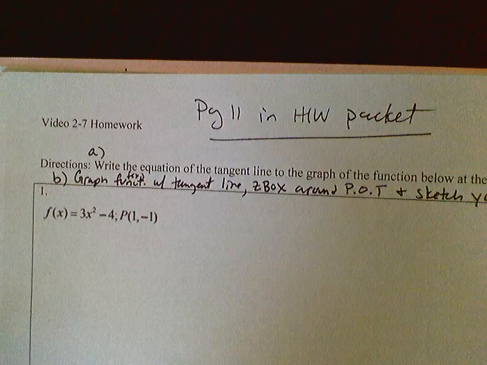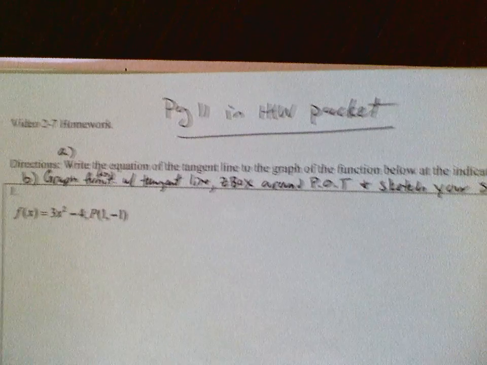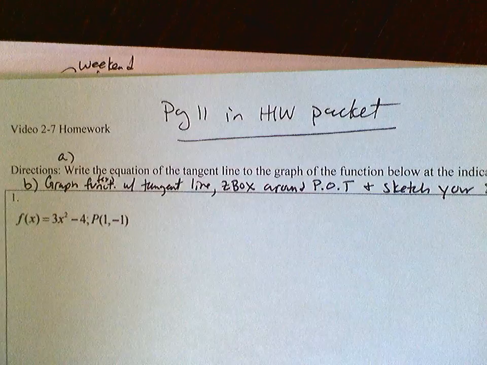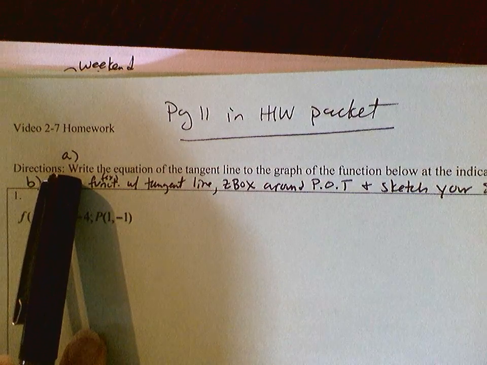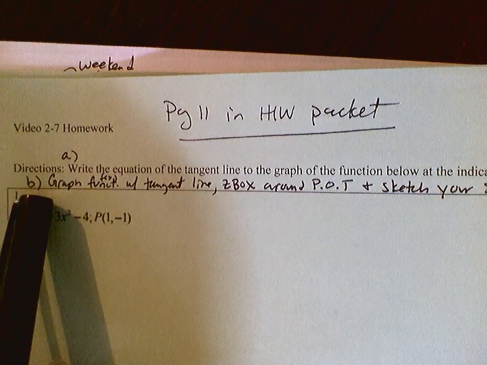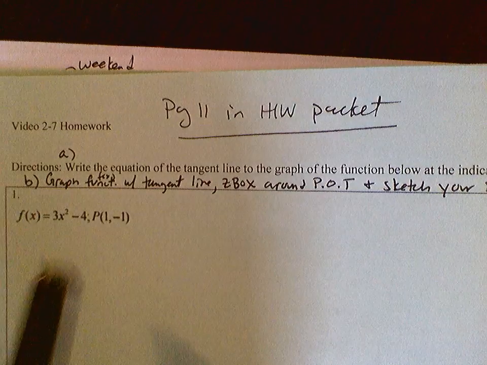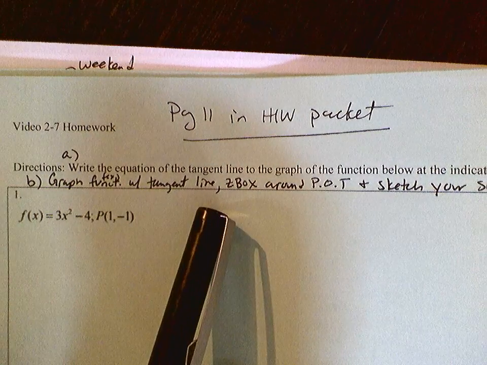What I would like you to do is the directions that say write the equation of the tangent line to the graph of the function below at the indicated point. I'd like you to make that part A. Okay, so like I did here. So that's going to be part A of the directions. And part B, and just write this down for now, but it will make sense later. Graph the function, or f of x, with the tangent line.